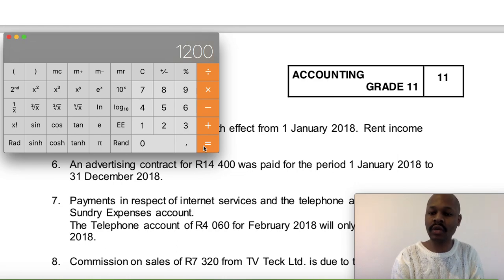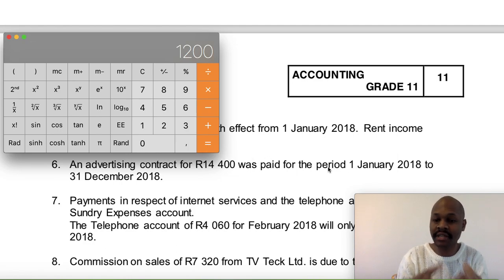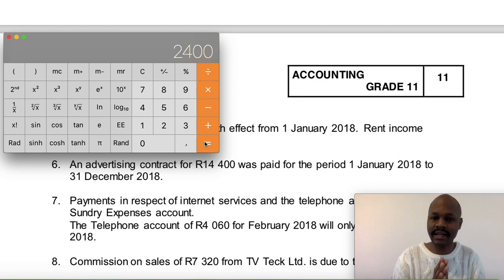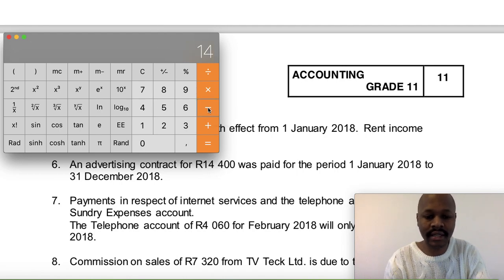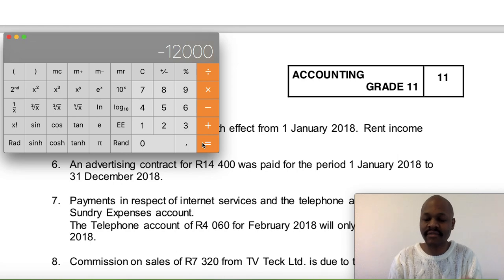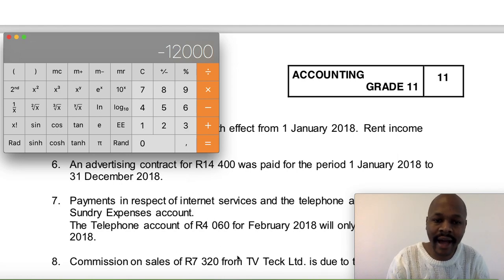You are supposed to only pay for 2 months in the current financial year. So it will be January to February, 2 months. Then you multiply by 2, it gives you 2,400. Then from this 14,400, let's minus 2,400, it gives us 12,000. This 12,000 is what we have to subtract from our advertising.